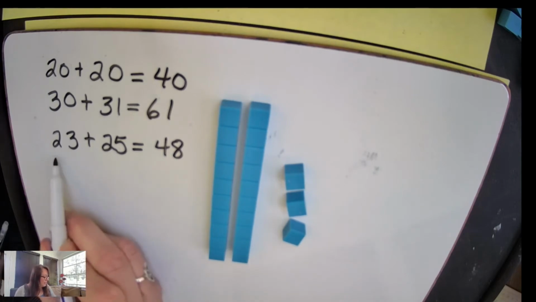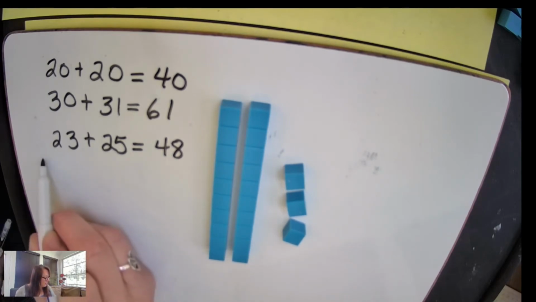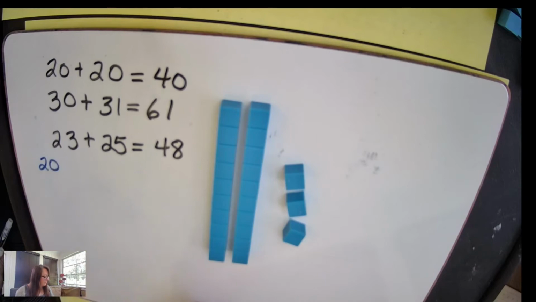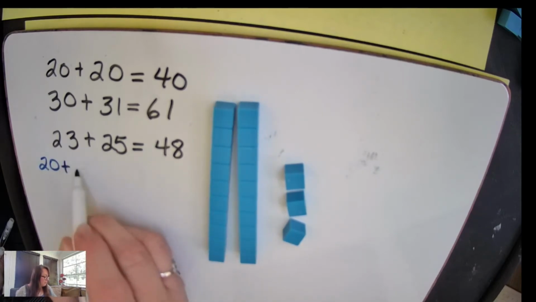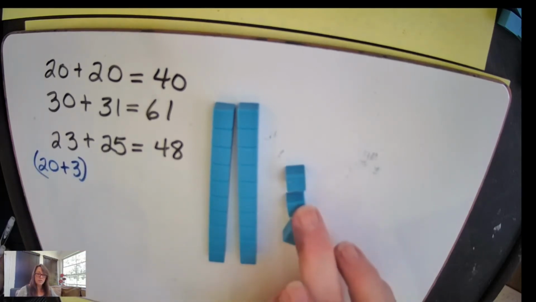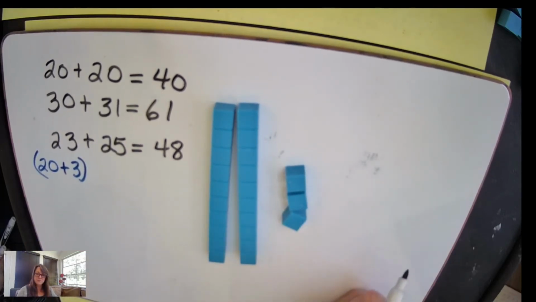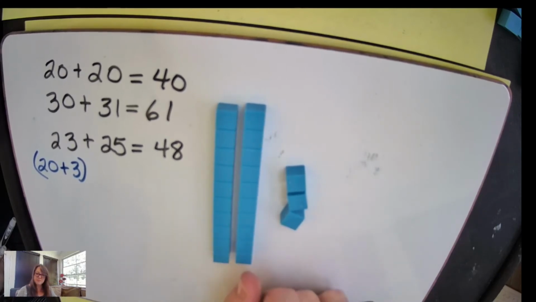So 23 is 20, 10, 20, plus 3. 1, 2, 3. 23.